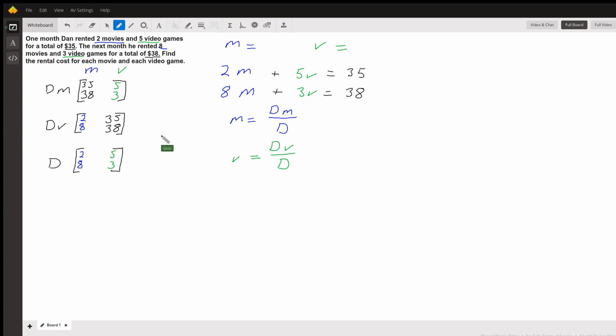So to start out here, we need to figure out what our determinant is. To do this, we simply take the coefficients of M, being 2 and 8, and write them here. Take the coefficients of V, 5 and 3, and move them here.